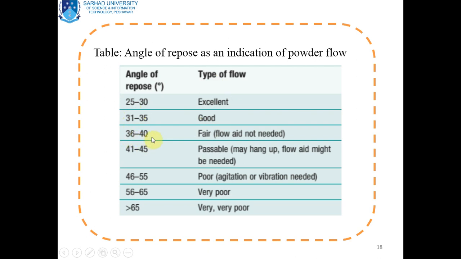A value of 36 to 40 means that fair flow is observed in the sample, and a flow additive is not needed. 41 to 45 is passable, and the powder may hang up. A flow additive might be needed to improve the flow properties. Similarly, 46 to 55 means poor flow is observed in the sample, and agitation or vibration is needed. And 56 to 65 is very poor. Similarly, more than 65 is very poor.